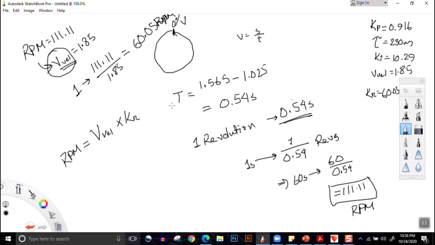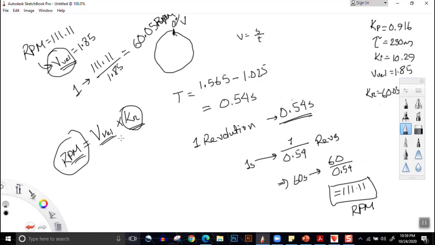If we know the Kr of the system, this constant of the system, we can easily convert the velocity from volts to RPM. RPM is the established unit for velocity. Volts is not a unit for velocity. So by determining this factor Kr, we are actually determining the speed.